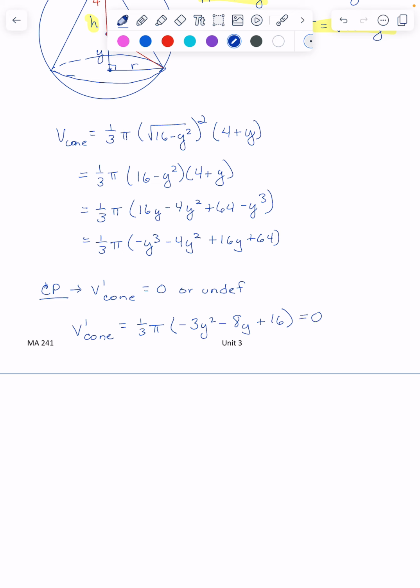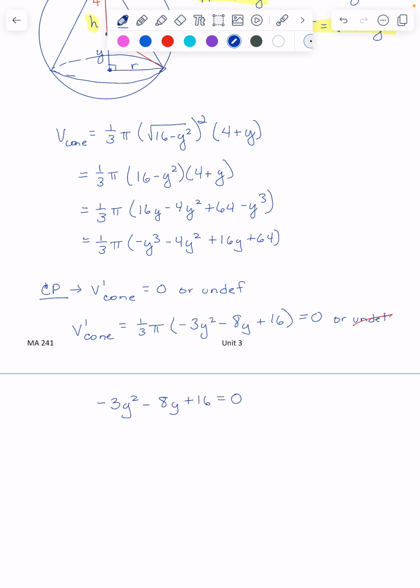All right, at this point in time, I'm going to divide both sides by the 1/3 pi. The undefined doesn't happen because that's never undefined as a polynomial. So let's take care of the 1/3 pi. I'm going to divide both sides by 1/3 pi. 0 divided by anything is just 0, so I can say negative 3y squared minus an 8y plus a 16 equals 0.